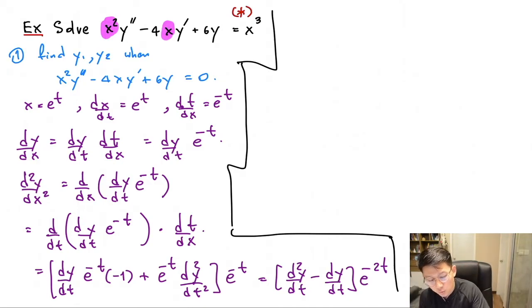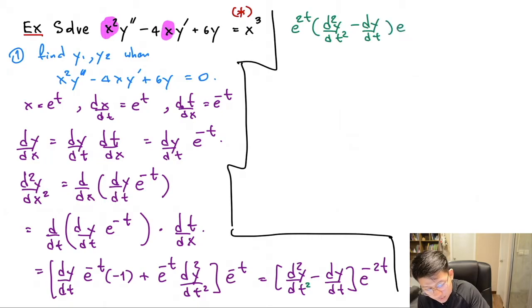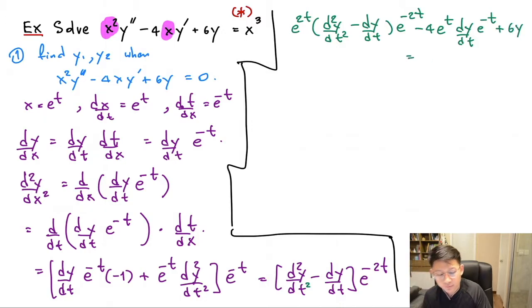What we have is e to the 2t, y double prime is d²y by dt² minus dy by dt times e to the minus 2t, minus 4 times x, which is e to the t, y prime is dy by dt e to the minus t, plus 6y equals 0.